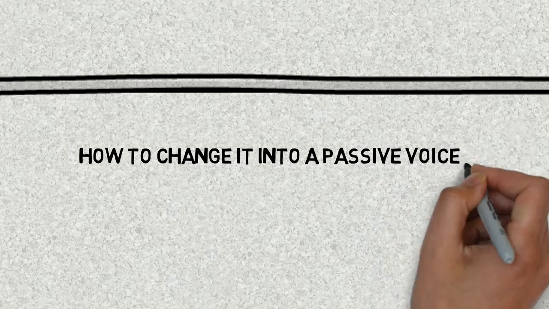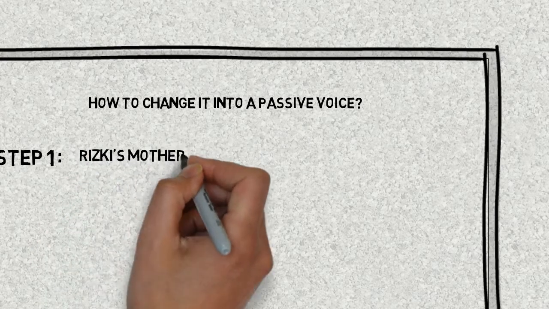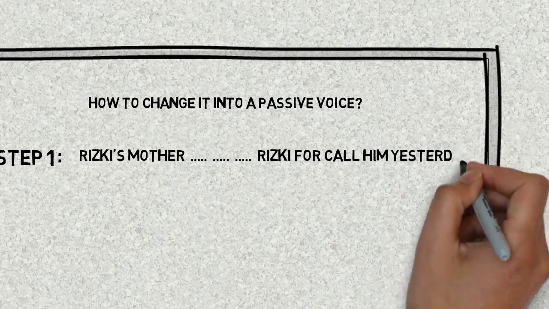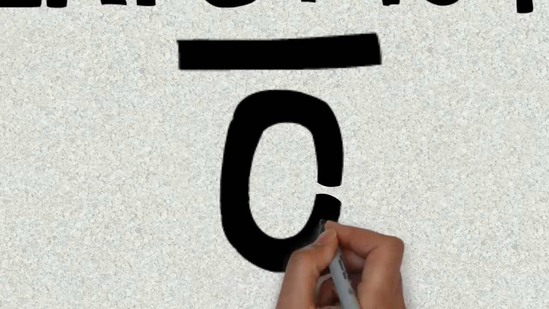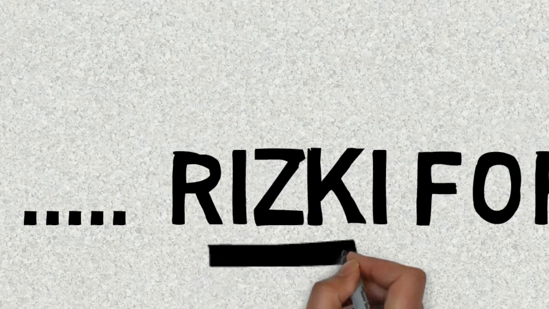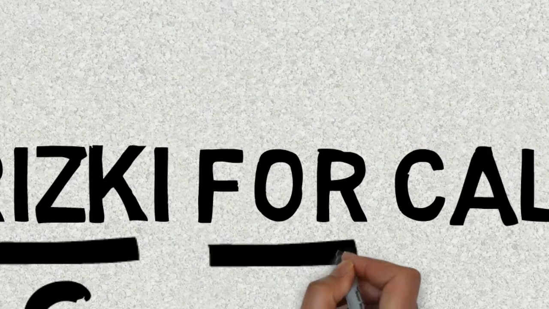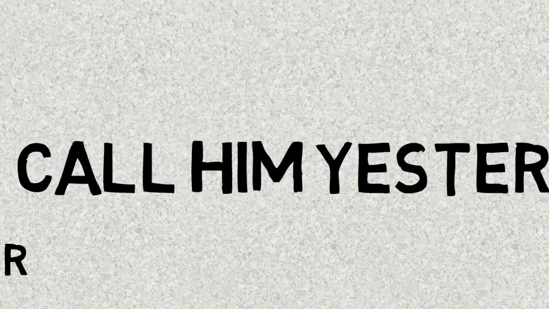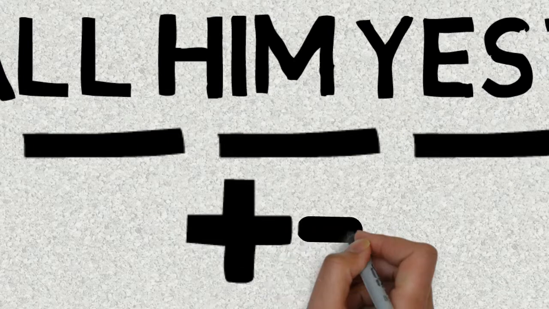How to change it into a passive voice? Step 1 is change the position of the object and the subject. Example: Rizky's mother blah blah blah Rizky for call him yesterday. Rizky's mother is the object, Rizky is the subject, and for call him yesterday is the informal information.